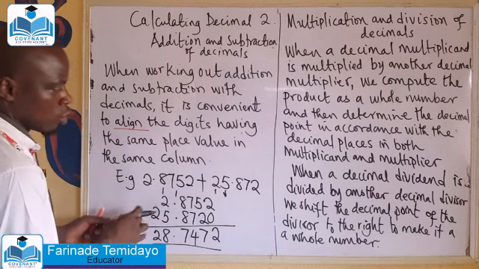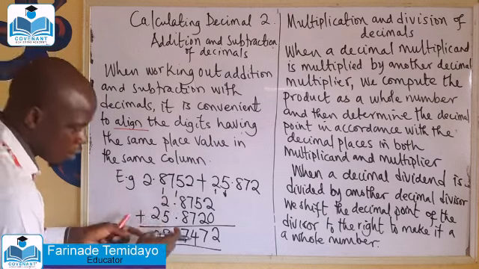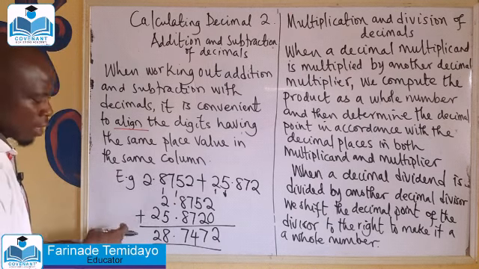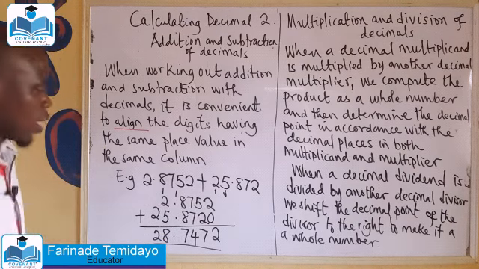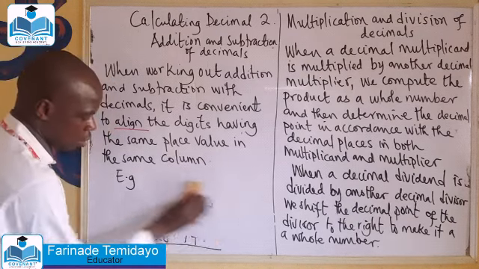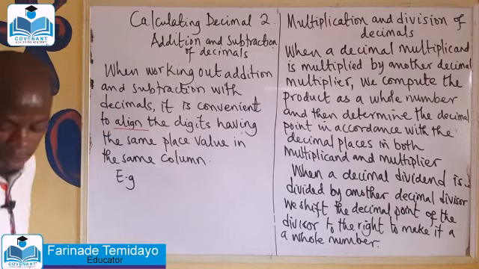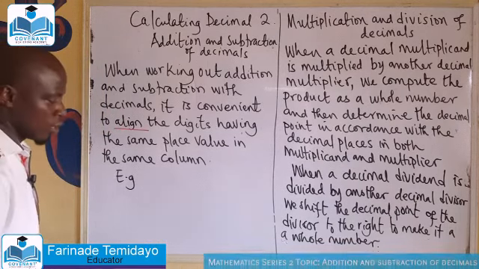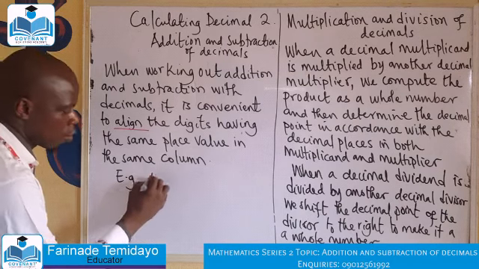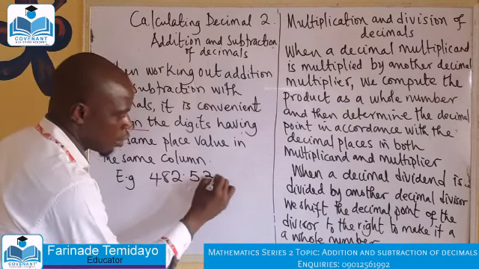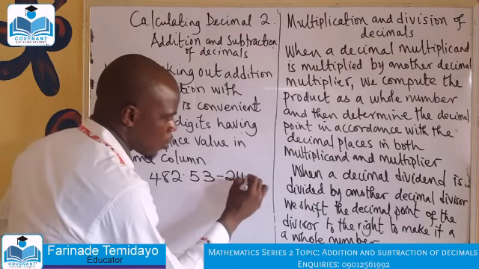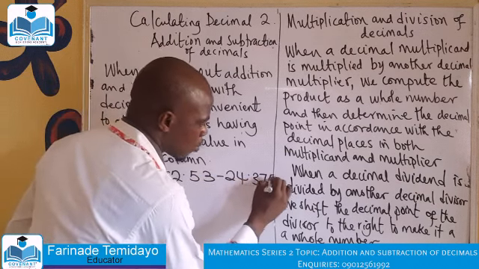The major thing you need to understand is to align your decimal points when you are adding. And the same thing goes when you are doing your subtraction. In the case of subtraction, very fast, let's consider what we have there. For you to subtract numbers in decimals, probably you have 482.53 minus 24.375.